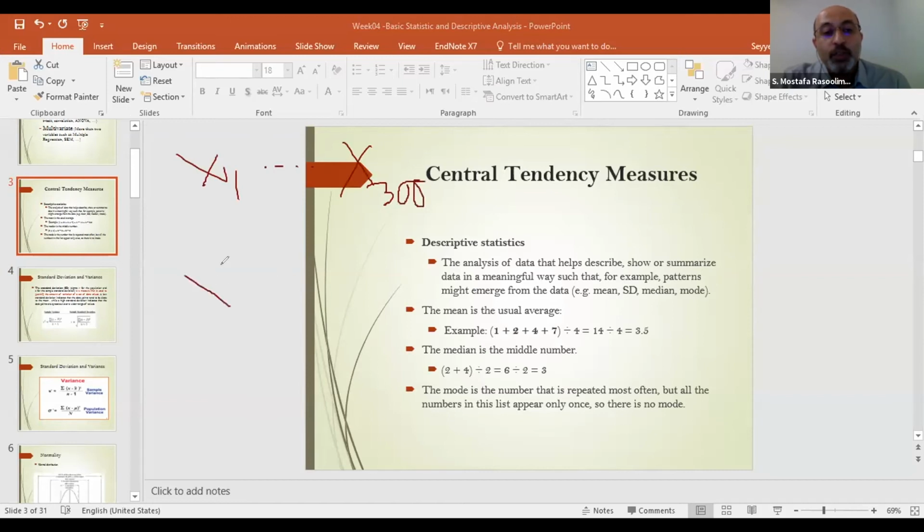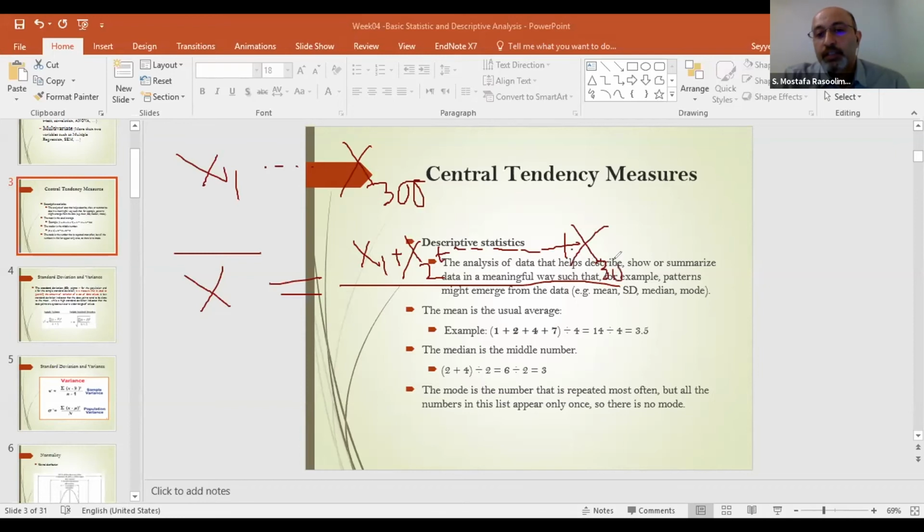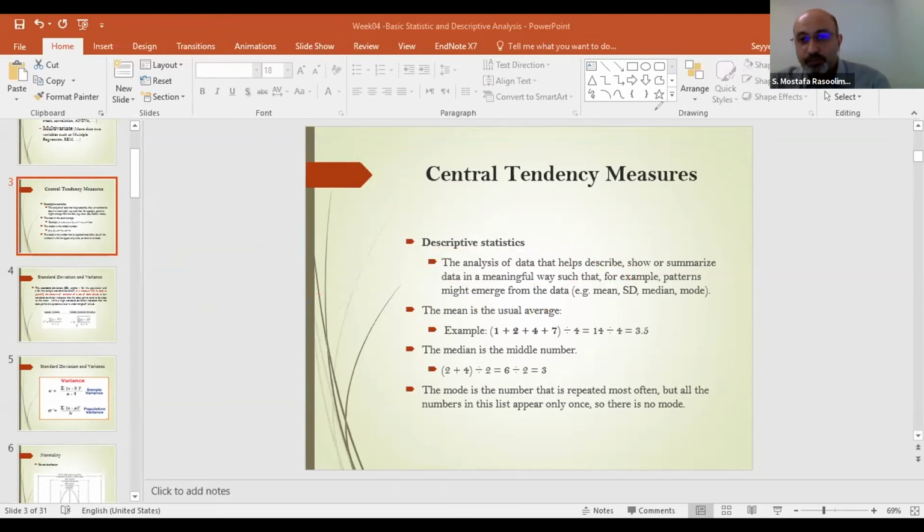The mean value, which we show with x bar, is x1 plus x2 plus x, until x300, divided by 300. So this is the average or mean of these 300 values.